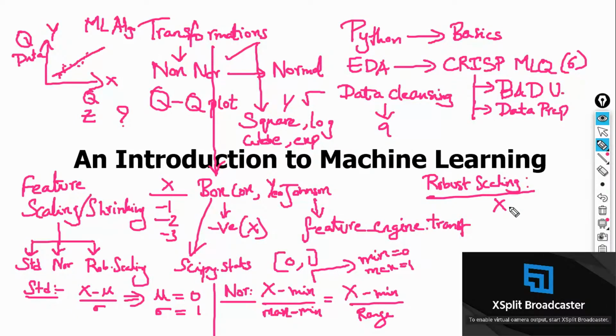X minus median by IQR. Good. What will be the output of robust scaler? Median of all the columns becomes 0, IQR becomes 1. So this will be the output of robust scaling.